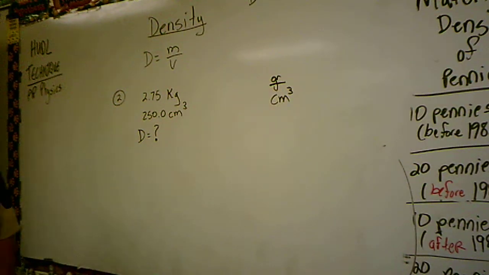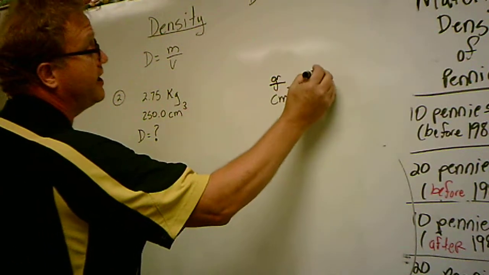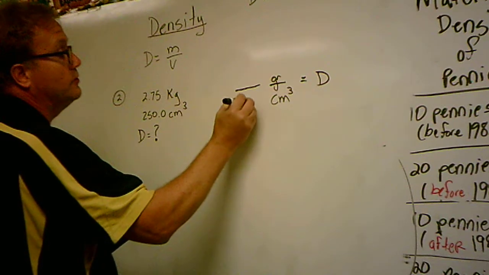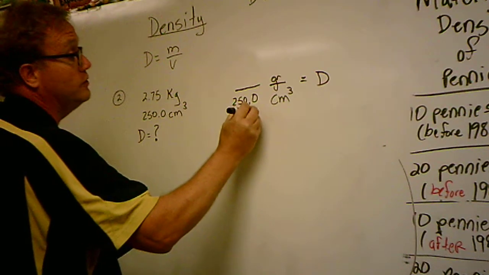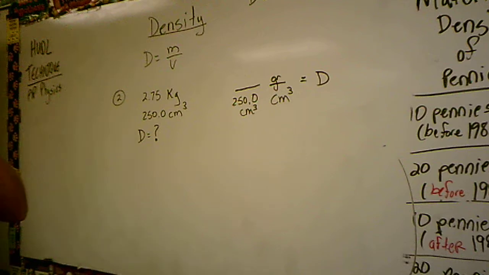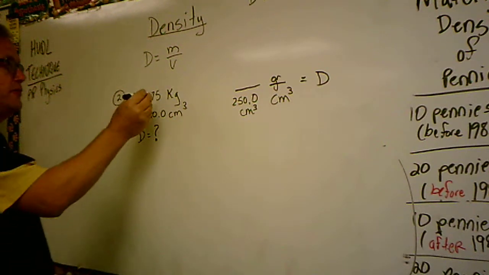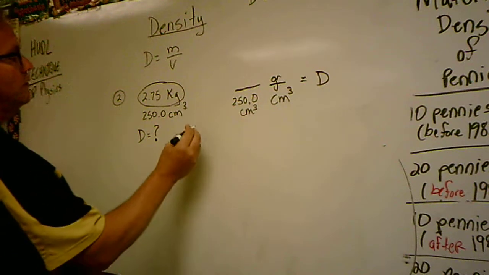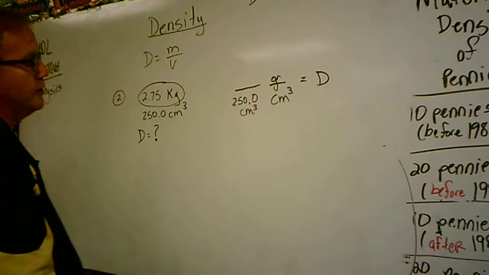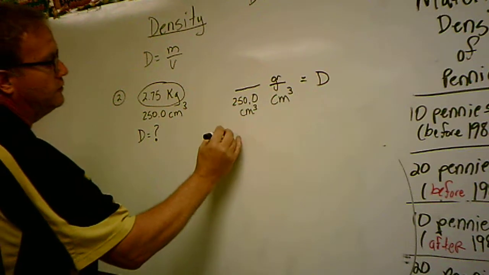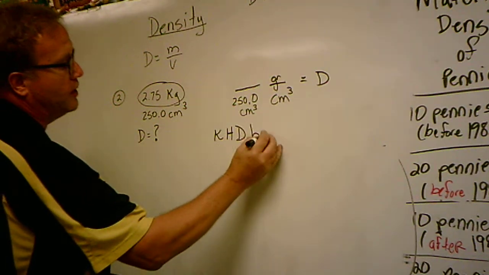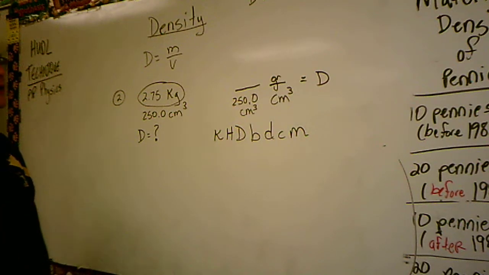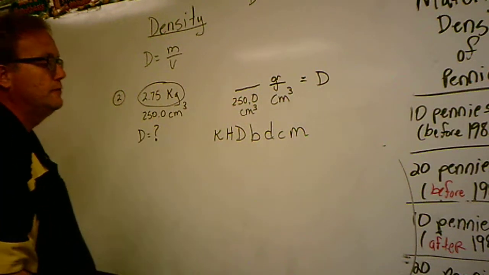So if we start going through and filling in our factors, first of all, we know that the cubic centimeters are actually now in the correct unit. And the grams does not agree with the kilograms. So we got to convert kilograms to grams. Nice easy way to do it is King Henry died by drinking chocolate milk and converting from this to this.